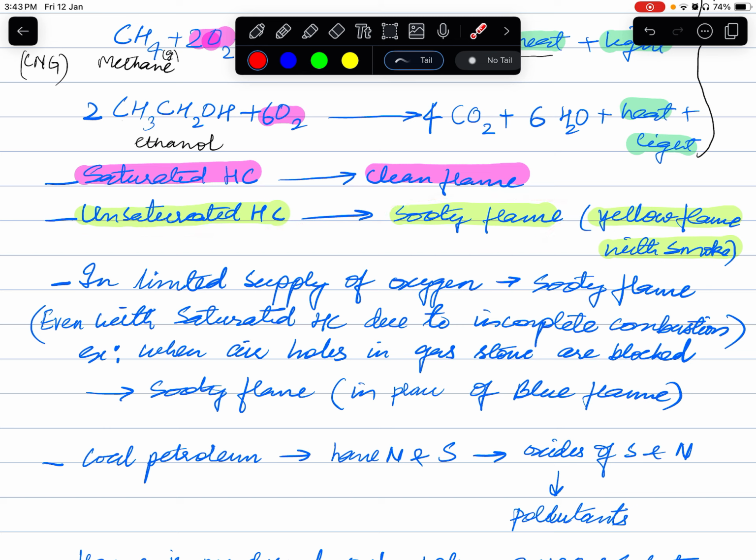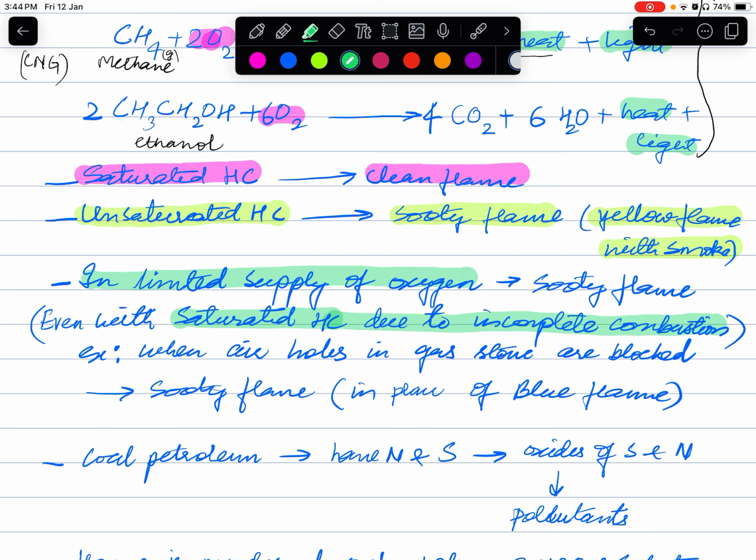One more condition is there where we get a sooty flame. What is that condition? Third condition is that when any saturated hydrocarbon undergoes incomplete combustion, that is we will not have the final product of combustion. And when will it take place? When we have a limited supply of oxygen.